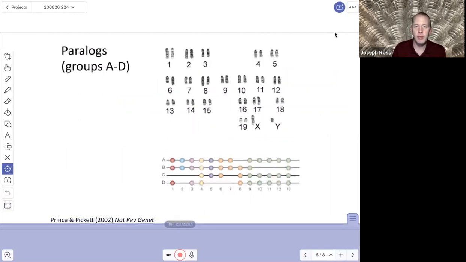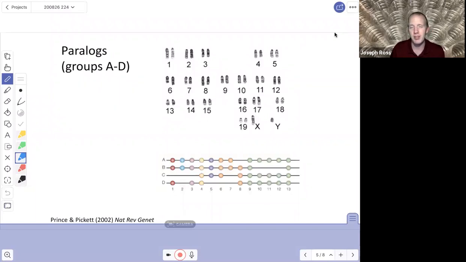Mice are diploid. They have two copies, two alleles of every gene on their two homologous chromosomes. But now let's think about what happens when you have more than two copies of a gene, more than two alleles of a gene inside the same cell. And this is the situation of paralogs, where genes that have duplicated have multiple spots in the genome where essentially the same gene is found.